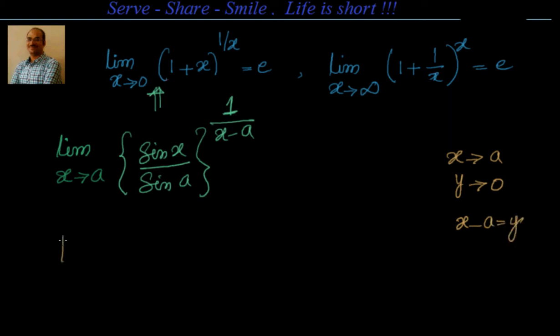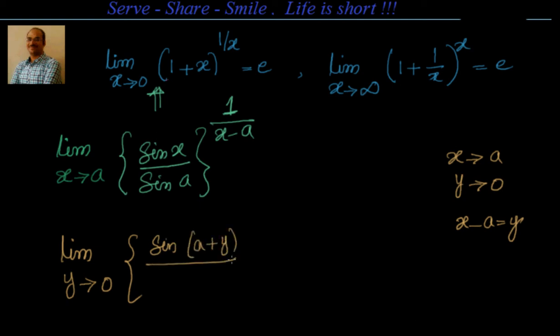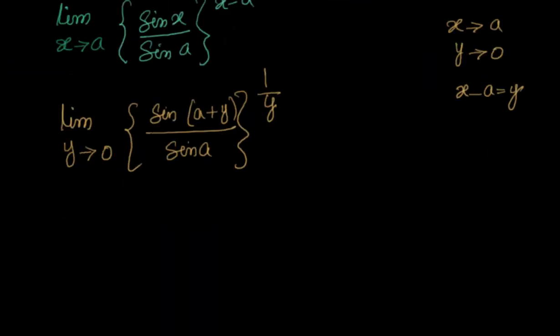So I will convert that now, and I will say limit x tends to a, instead of that it will become y tends to 0, and the function sin of x will become sin of a plus y divided by sin a, whole to the power of 1 by x minus a, or nothing but 1 by y.